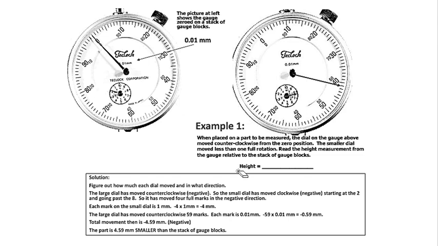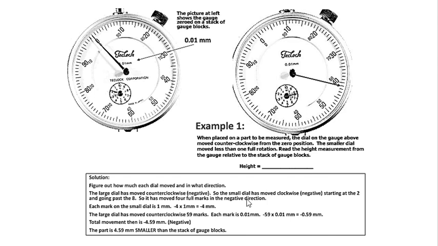So the difference between the former examples and here is that here we are measuring the part directly, okay? So you are counting the revolutions, okay, or turns, and then after counting the turns, you're gonna have to count the extra markings after the full revolutions.